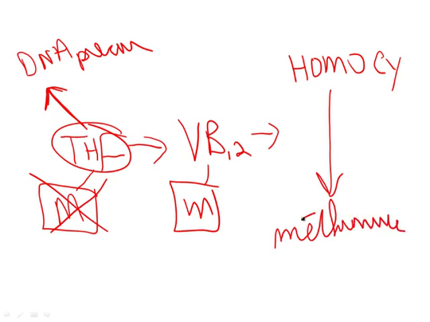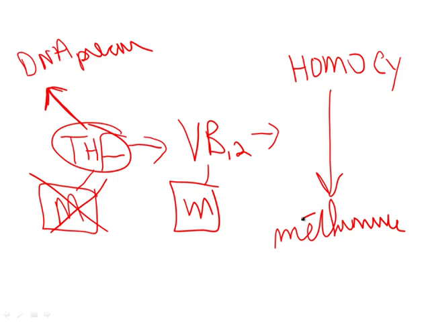And of course, you're well aware from biochemistry that methionine is important in the transfer of methyl groups to various other important molecules, but we don't have time to discuss that here. That's more of a biochemistry notion. So again, general principle, tetrahydrofolate needs to lose the methyl group to participate in DNA precursor synthesis. It hands the methyl group to vitamin B12. Vitamin B12 then hands it to homocysteine.